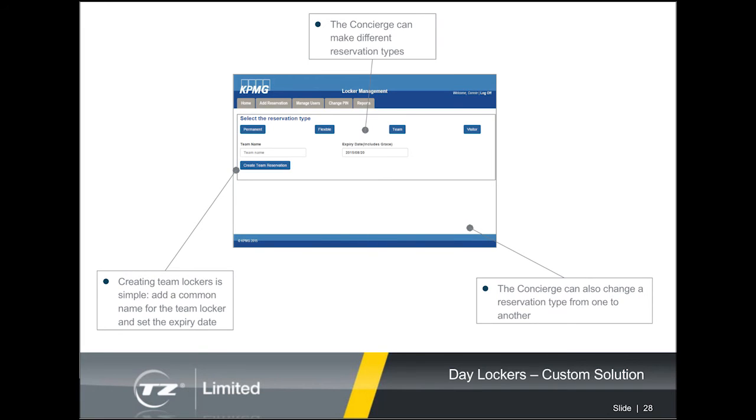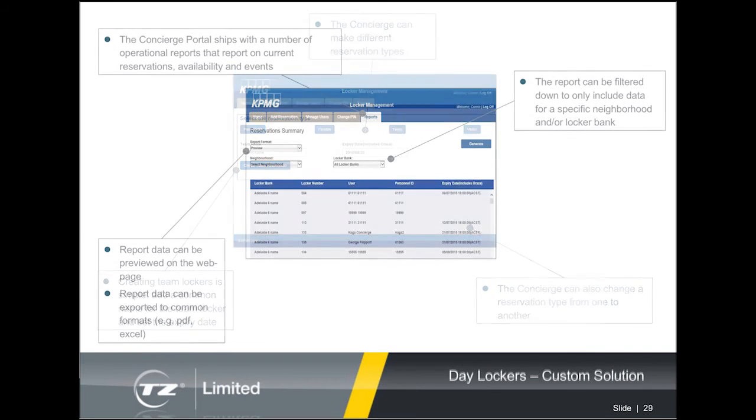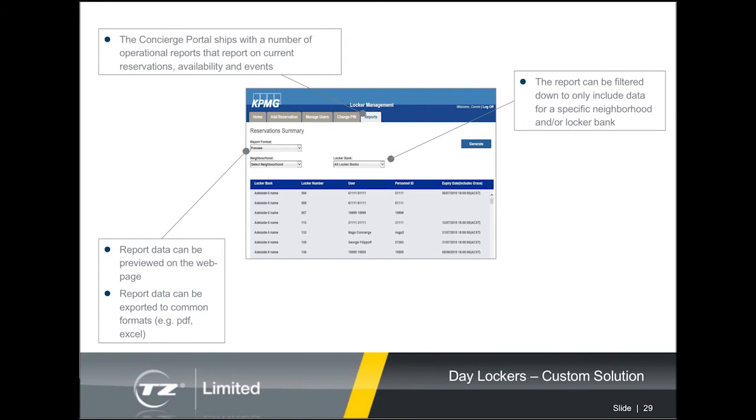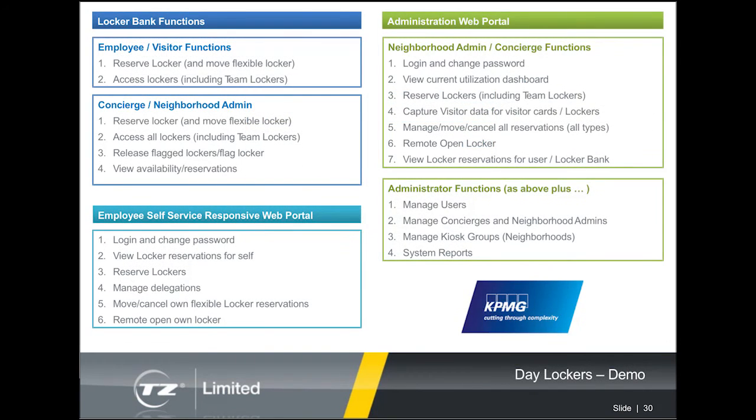The reservation type is for a shared locker. The concierge portal also ships with a number of standard reports that are designed to facilitate an operational view of the system use. This slide describes the key features of the system for different users grouped into the kiosk software, employee, concierge and admin portals.